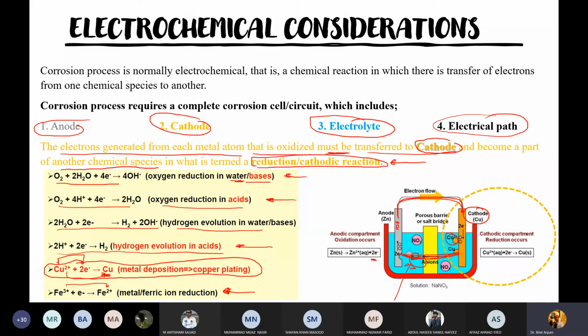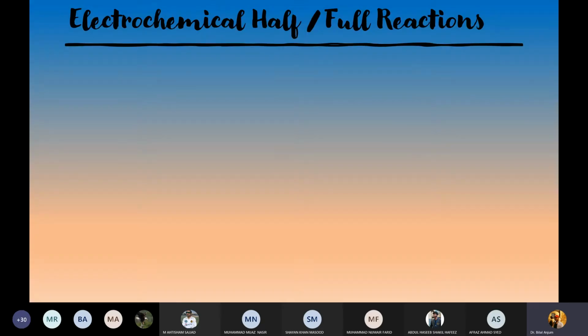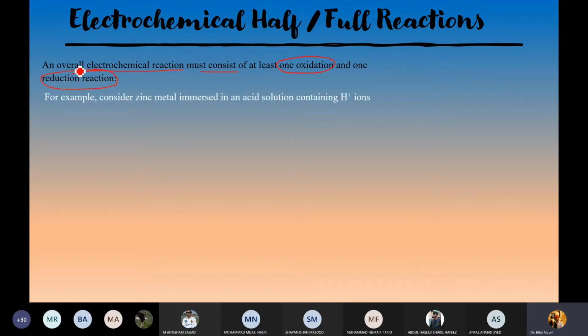All right, electrochemical half and full reactions. An overall electrochemical reaction must consist of at least one oxidation and one reduction reaction. For example, say zinc metal immersed in an acidic solution containing H+ ions.